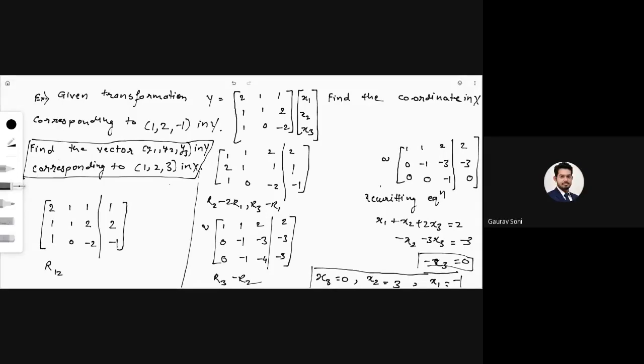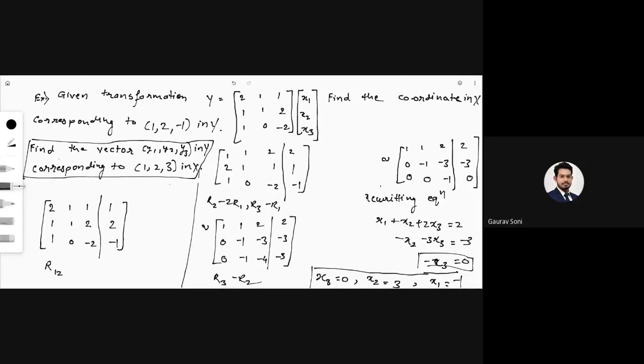Now tell me then, how can we do that? Previously, what we did was find a vector in X corresponding to some vector in Y. Now I have a vector in X and I'm trying to find the corresponding vector in Y. So 7, 9, minus 5.